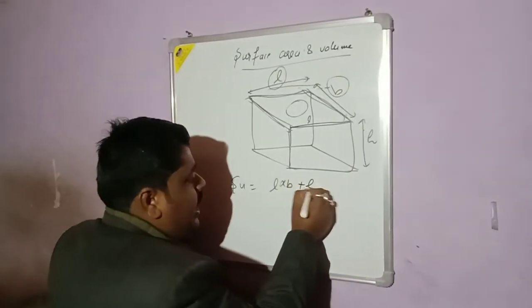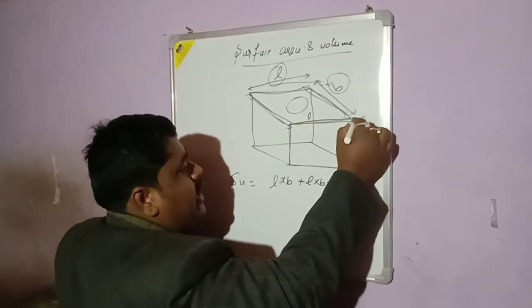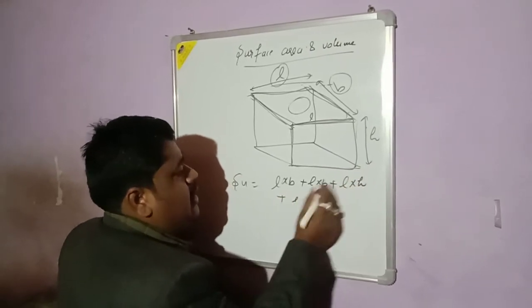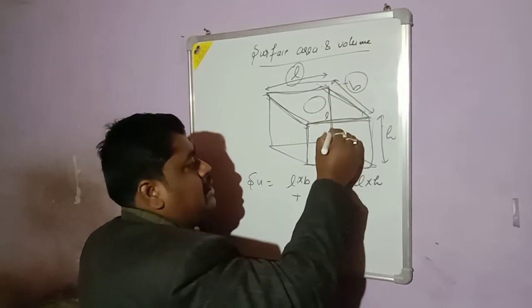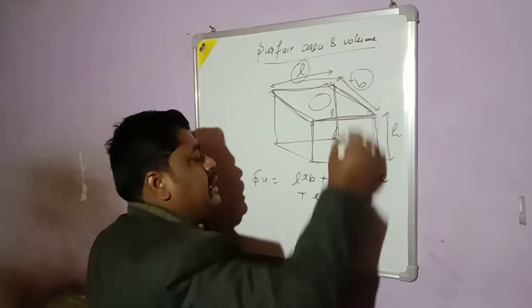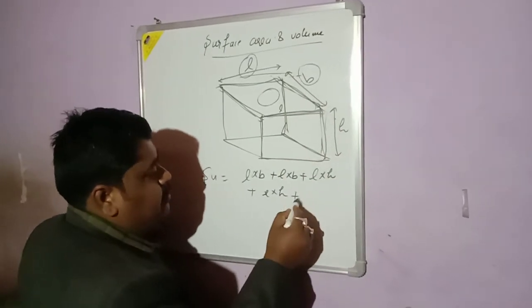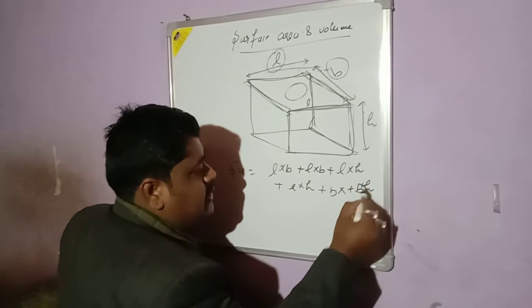That means L into B plus, here this is length and this is H, so L into H plus the opposite face L into H. Then this is B and this is H, so B into H plus B into H.